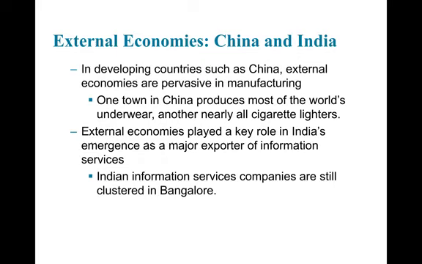There is one town in China that produces most of the world's underwear, and another nearly all cigarette lighters. Also, external economies play a key role in India's emergence as a major exporter of information services. Indian information services companies tend to be clustered in Bangalore.